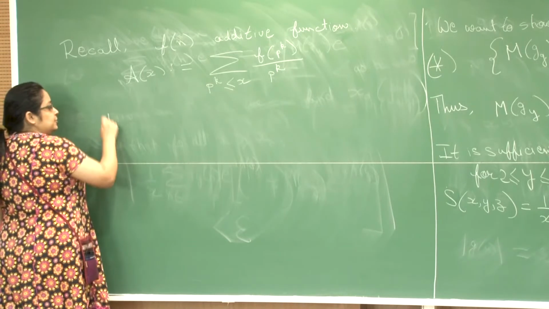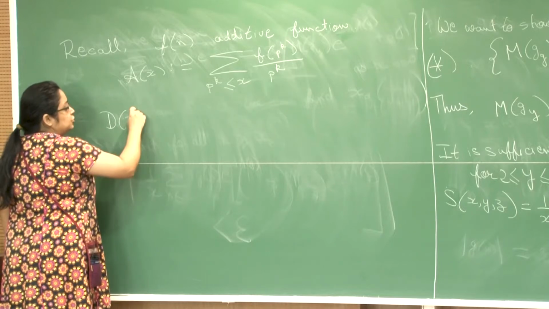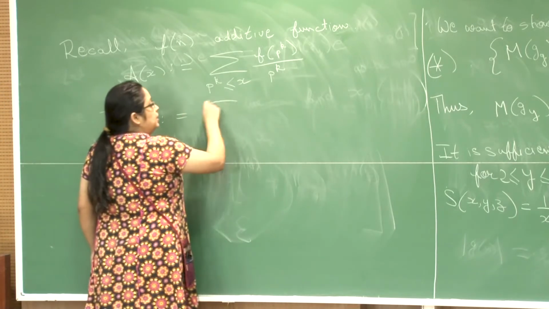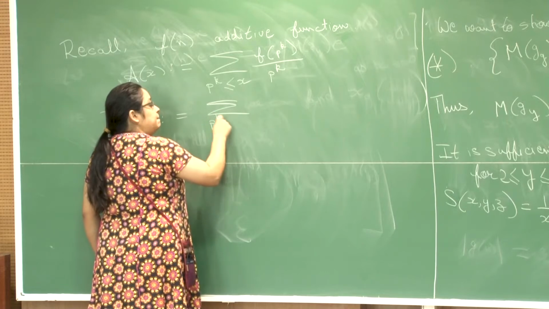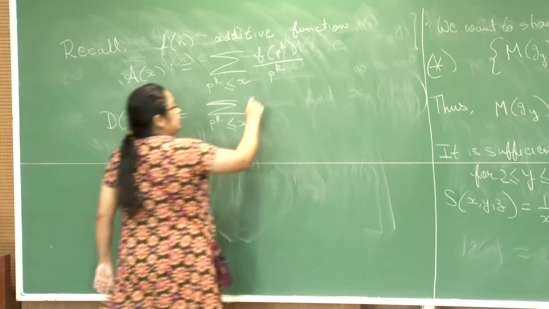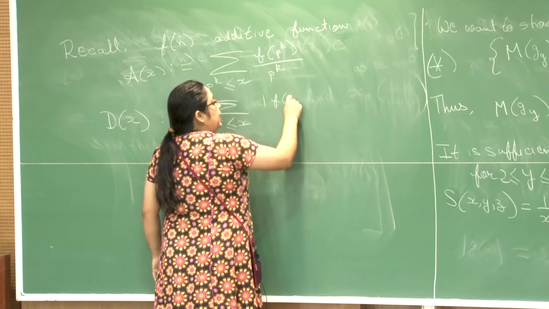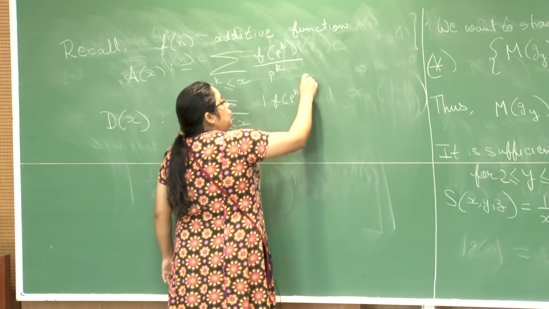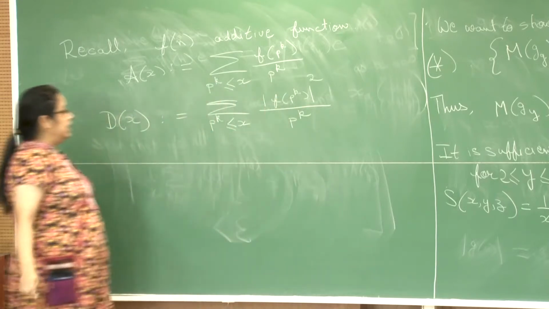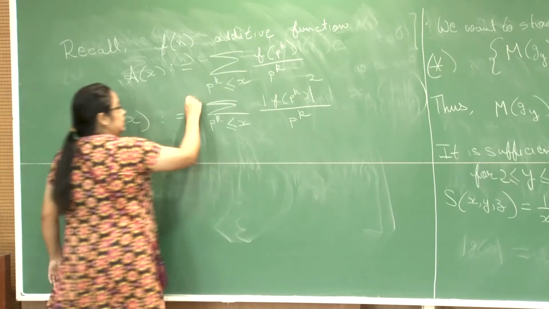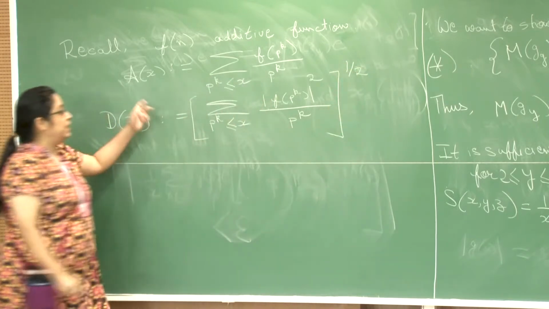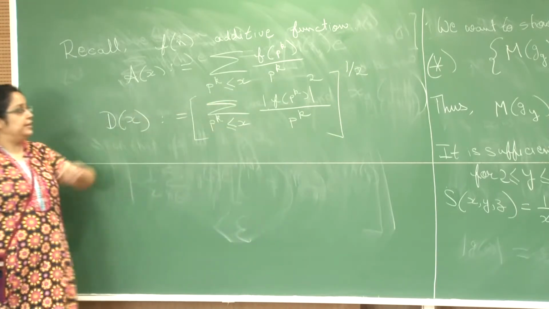And then let us also take the function d of x to be equal to, again you have the sum over all the prime powers up to x, absolute value of f of p raised to the k whole square over p raised to the k, and this whole thing raised to the half. In other words, d of x square is this sum over here.